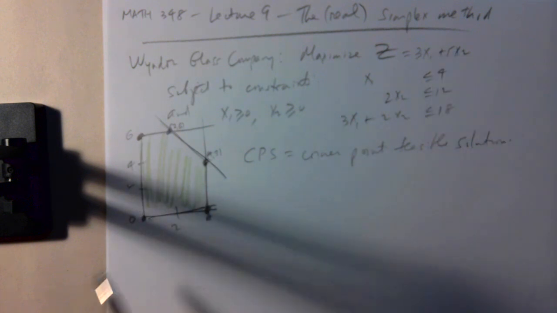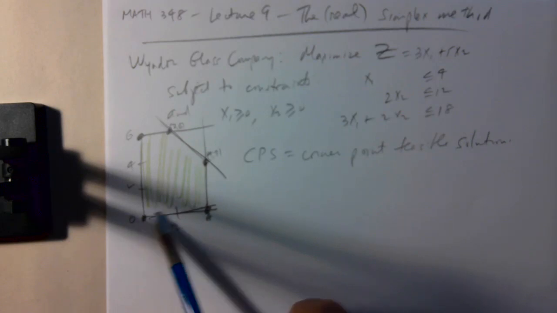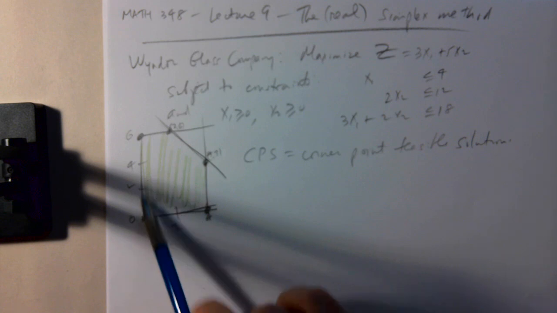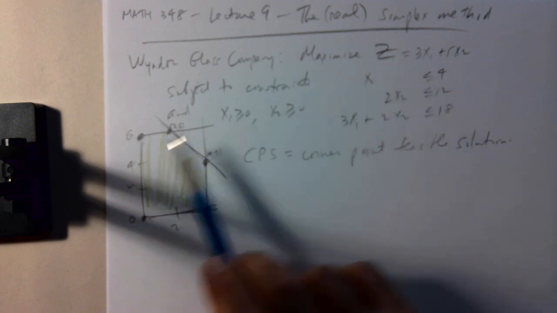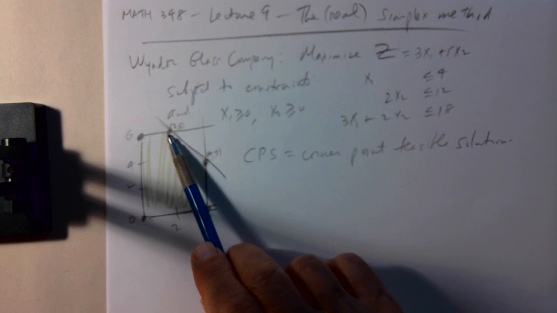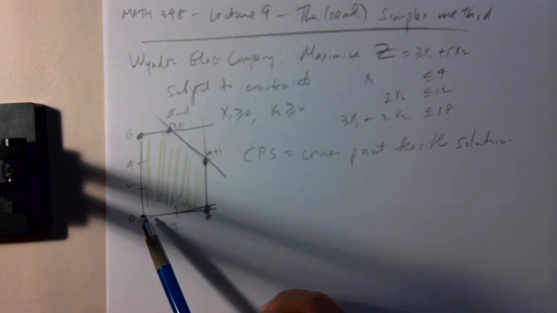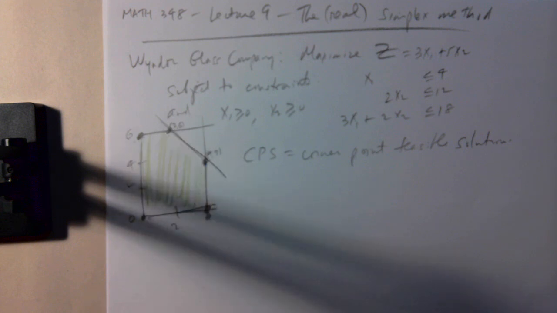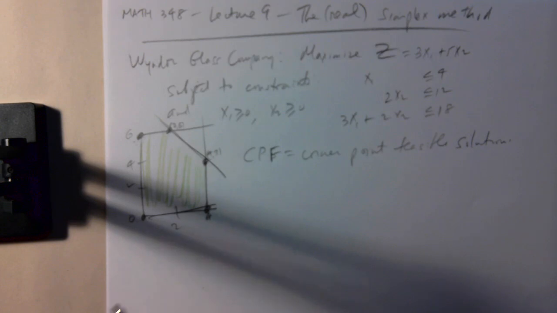Evaluated the objective function here, saw that we could get a larger value in either of these 2 directions, but larger if we go up. Evaluated the objective function here, got a larger value here, and that was the largest. So there's this geometrical process in 2 dimensions of going from corner point to corner point, CPF, corner point feasible.